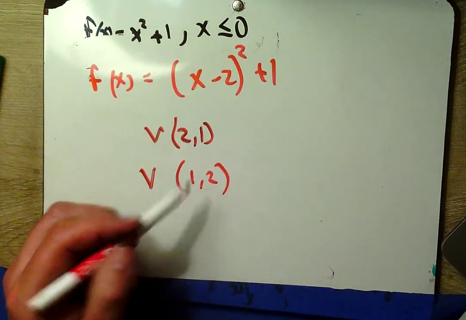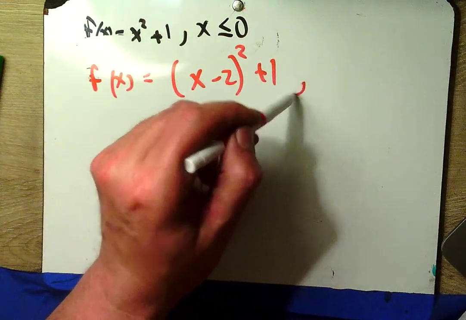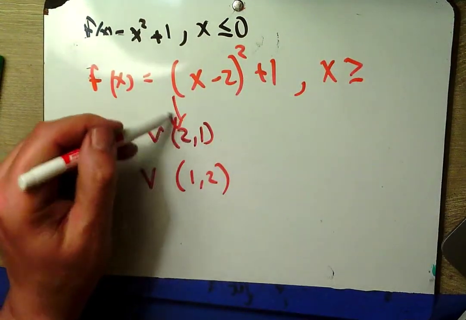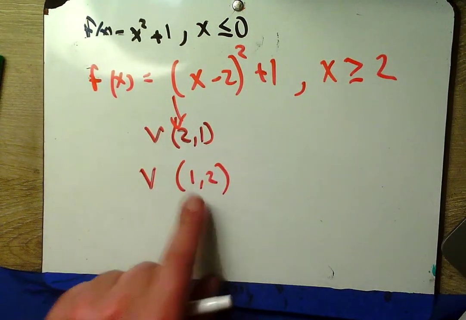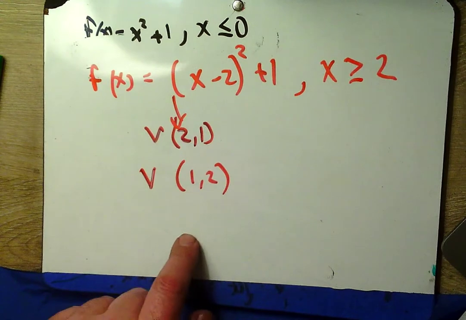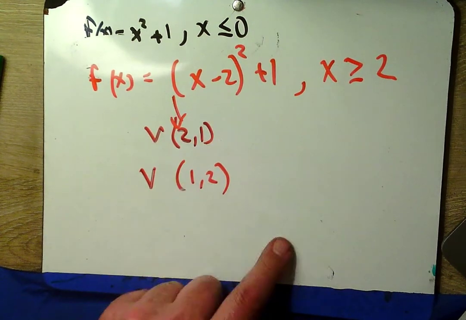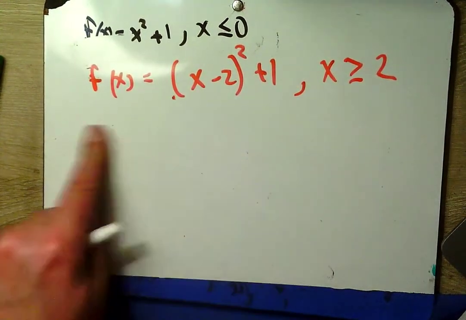Yeah, no kidding. And if I want to restrict this, I want to say x is going to be greater than or equal to the x coordinate of the vertex. This one will have the restriction from 1 because of this plus 1 here. Okay.